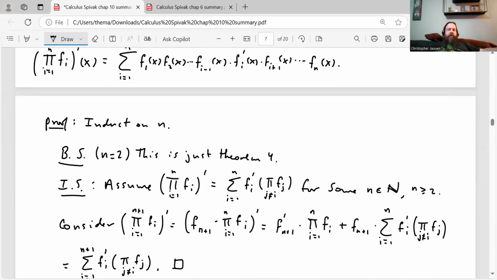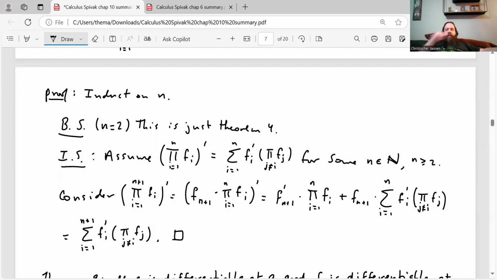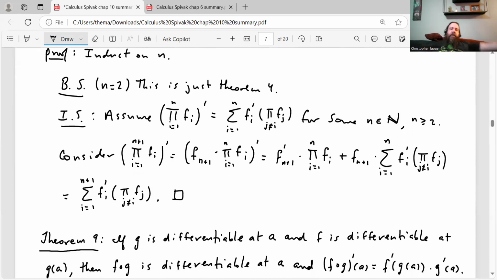So let's show that this works by inducting on n. The base step is just theorem 4, so we don't have to show anything for that. For the inductive step, assume that the derivative formula holds for some natural number n, so a product of n functions, for n greater than or equal to 2. Then consider the product of n plus 1 functions. That's the same thing as f sub n plus 1 times the product of the f sub i's, where i goes from 1 to n.